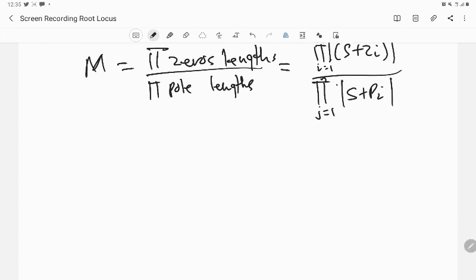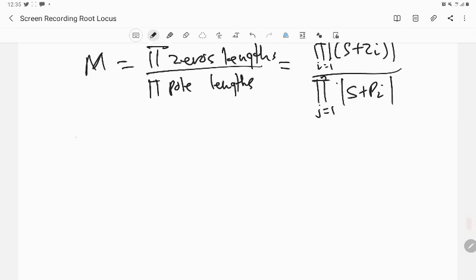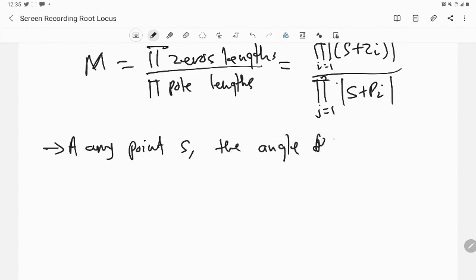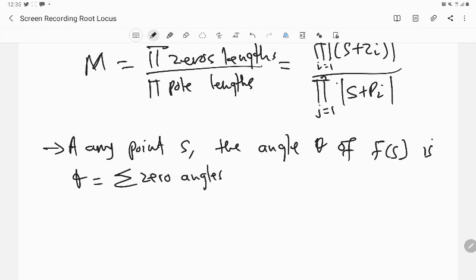Also, if you evaluate f of s at any point s, the angle theta of f of s is given by theta equals the summation of the zero angles minus the summation of the pole angles.